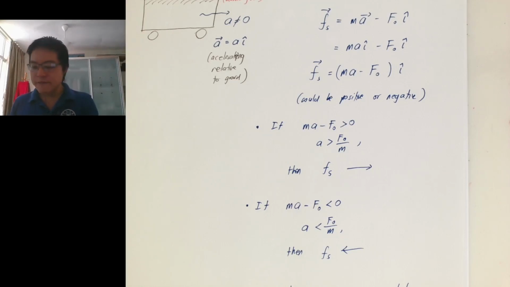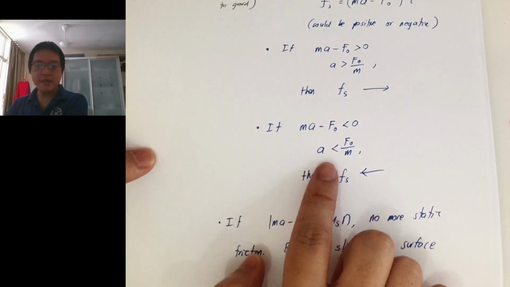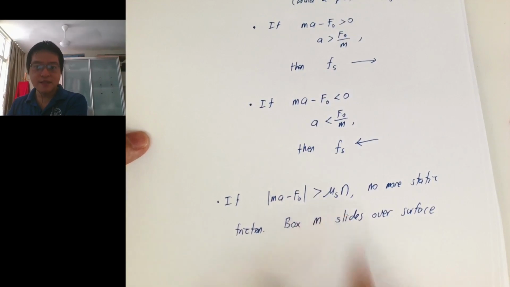In fact, I can show you this way. This paper is this thing here, and this is my box of mass m. As long as I accelerate at a number that is smaller than this, I maintain static friction. So if I accelerate very, very slowly, static friction will make sure this box moves together with this paper. This mouse, there is no direct force acting on it. So why is this mouse moving?